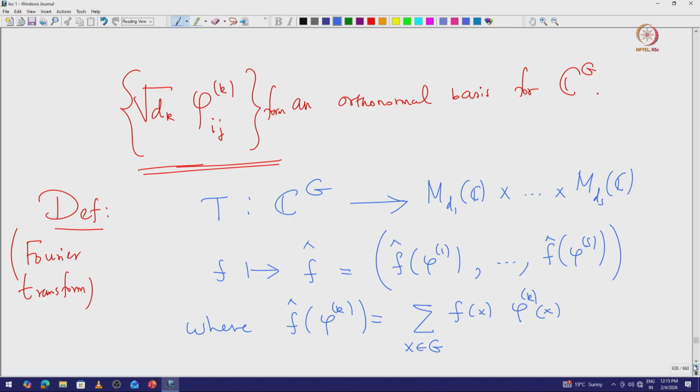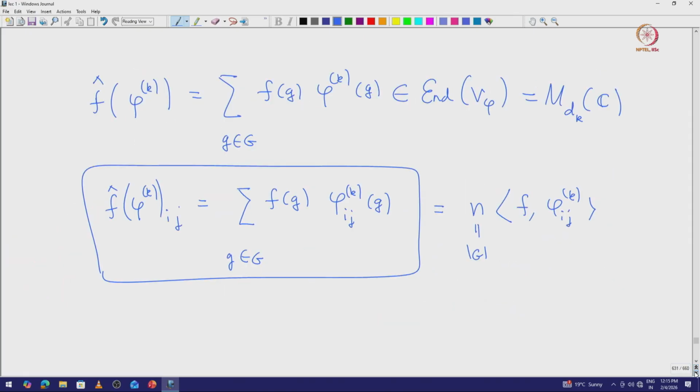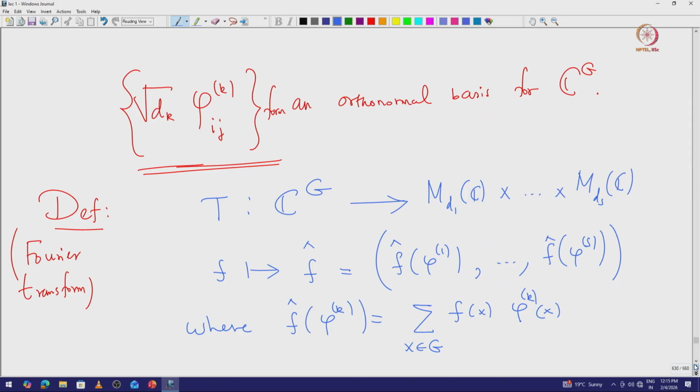I will leave it to you to check that this is an isomorphism of vector spaces, because whatever goes into the definition is indeed linear. So, if you use this interpretation, then it is clear that f goes to f hat is linear in f. So, we get a vector space isomorphism. Maybe we will check that it gives an algebra isomorphism. That is the core part of Wedderburn's theorem.